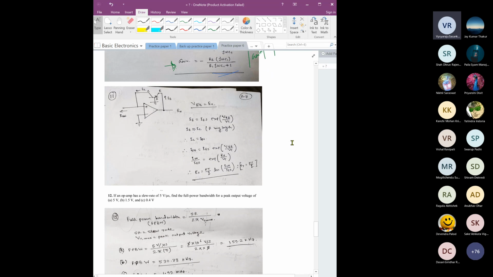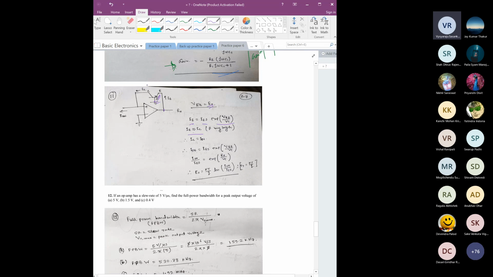So let's see from here. This VEB, this is potentially 0, this is E naught. So this difference is basically E naught only, right? Then IE equals IES exponential of V of BE by VT. And if beta is very high, we can consider IC equal to IE.